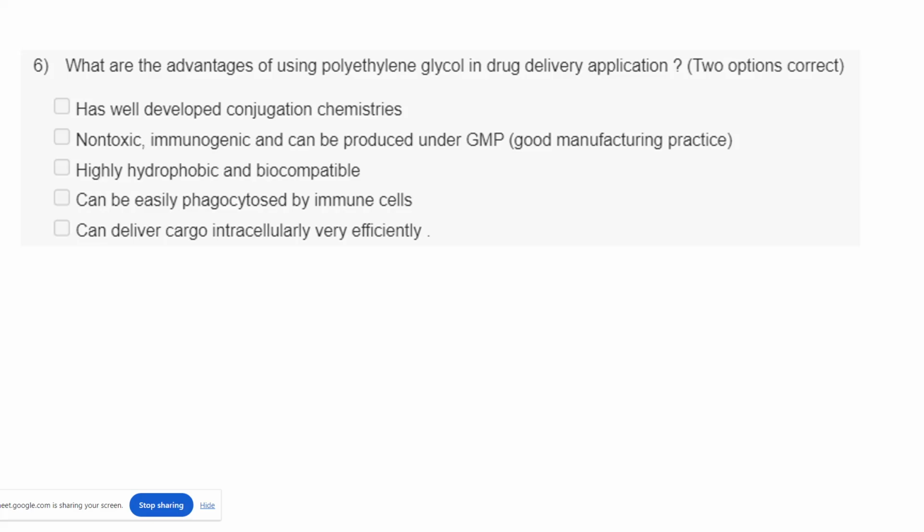Right. But it's not completely non-immunogenic, because I think it was briefly mentioned that anti-PEG antibodies are also developed. So it is not non-immunogenic. It is very less immunogenic, you can say. It won't elicit a very strong reaction. So in that option, non-toxic immunogenic will be the correct option, ma'am. Yes. Okay. Thank you.